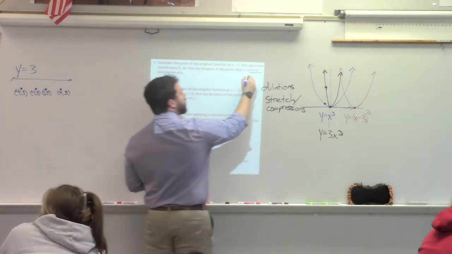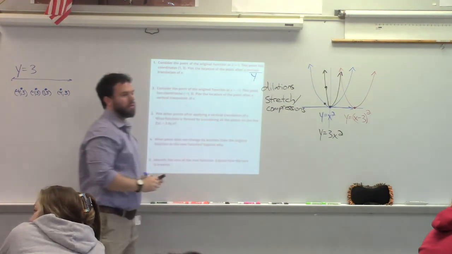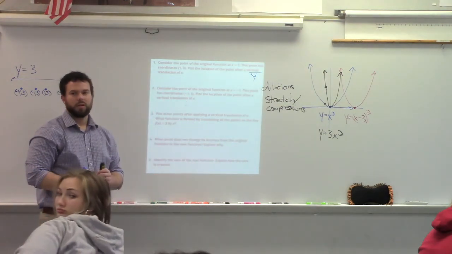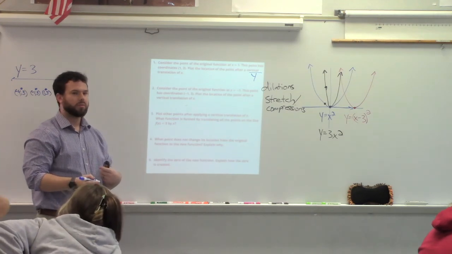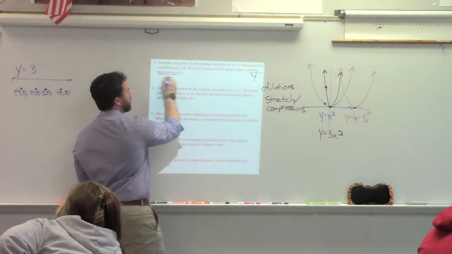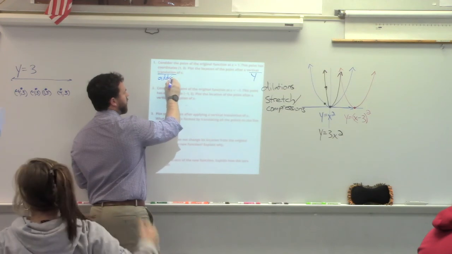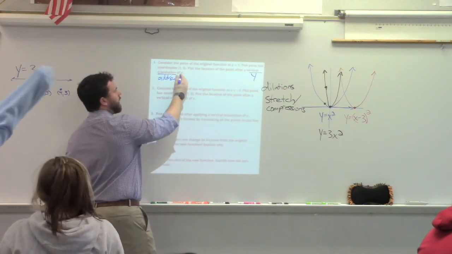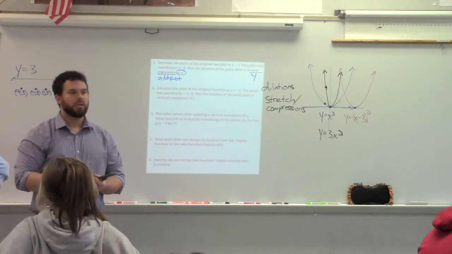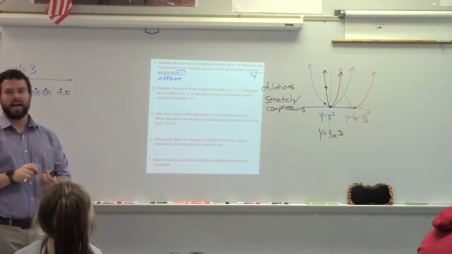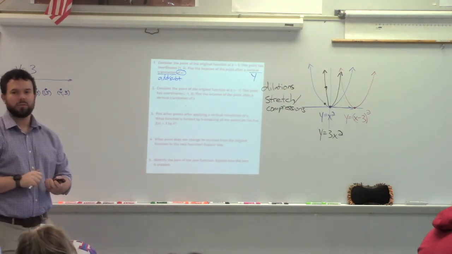Okay, so it's vertical, so we're only affecting the y, and it's a translation, so we're using what operation? Addition or subtraction. There we go. And what are we adding or subtracting? The x. Doesn't every point have an x value? Right?